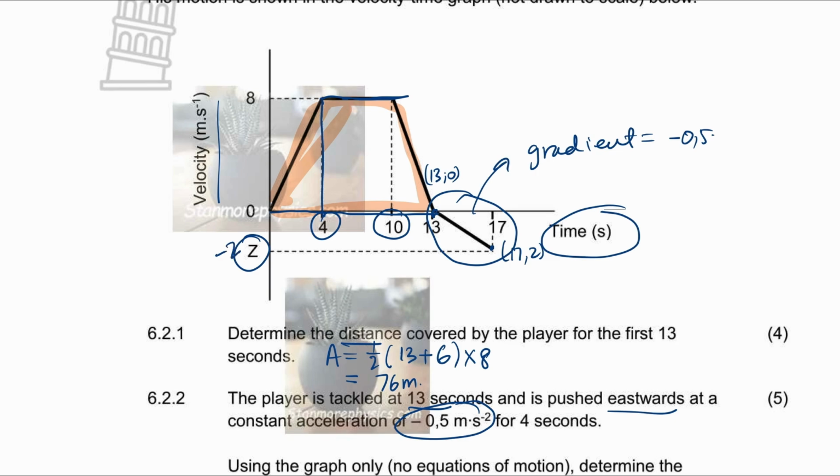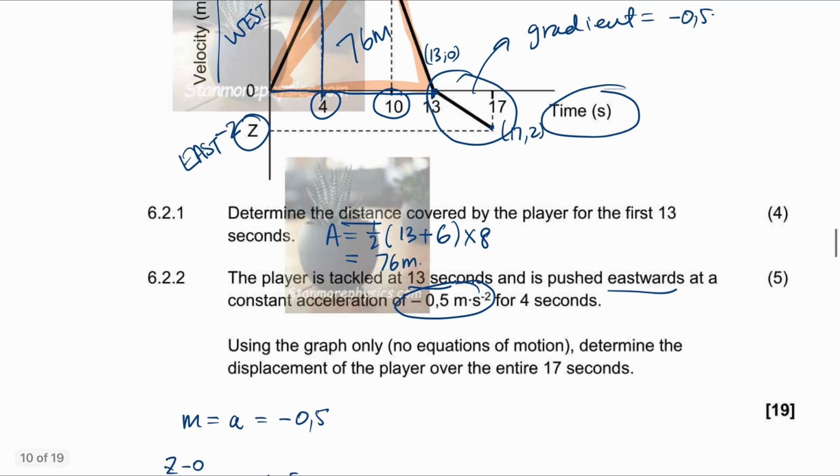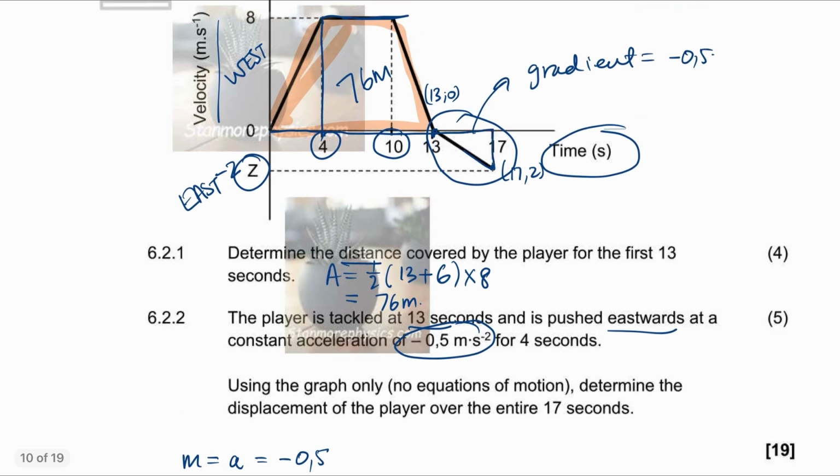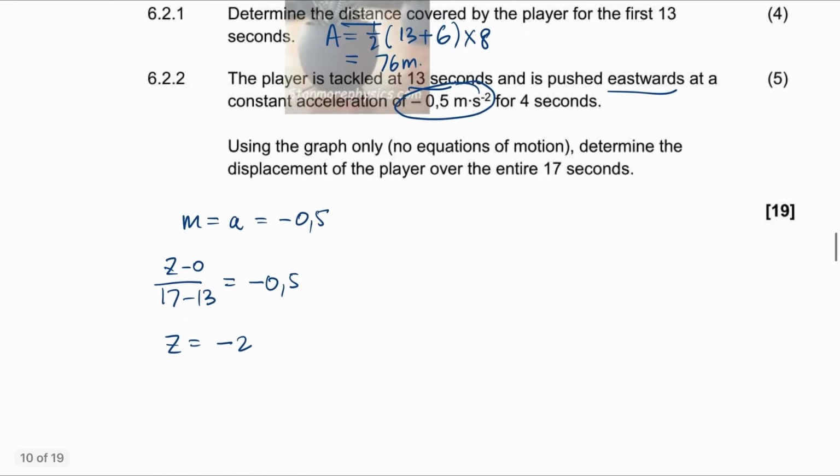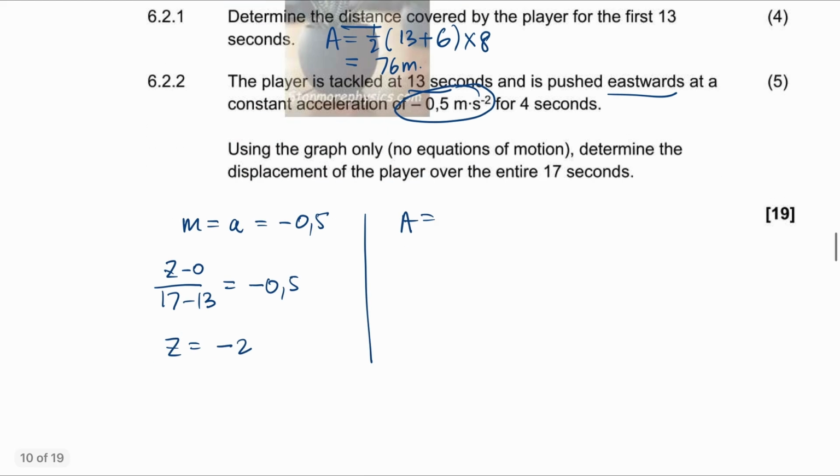Now remember that because this is below the x-axis, this is moving easterly and this is moving westerly. We know that the area of this is 76 meters. So if they want the displacement, we just need to work out this area and then subtract them because they're in opposite directions. So I can then say that the area is going to equal, this is a triangle, so half base times height.